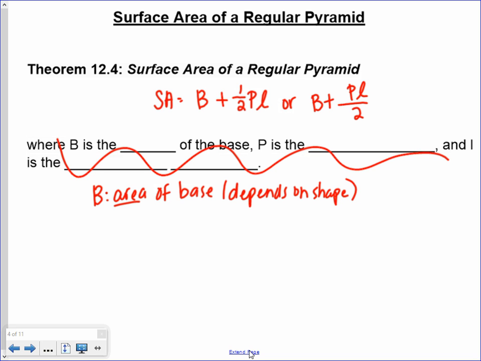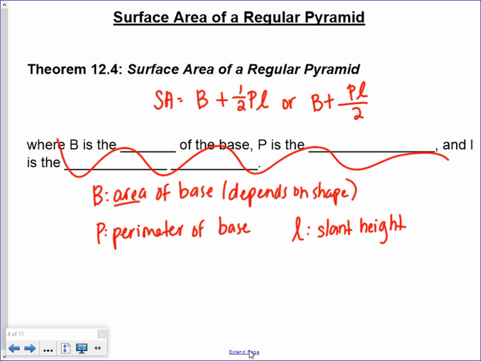Actually, we don't have trapezoidal pyramids. But that would be different from a rectangle. Your capital P still stands for the perimeter of the base. And then this cursive L stands for the slant height.